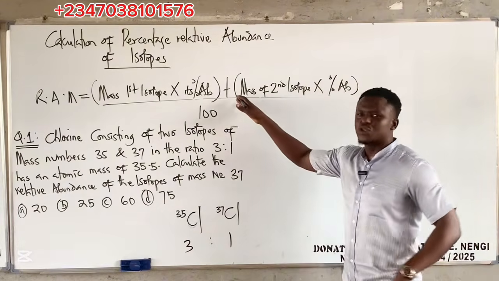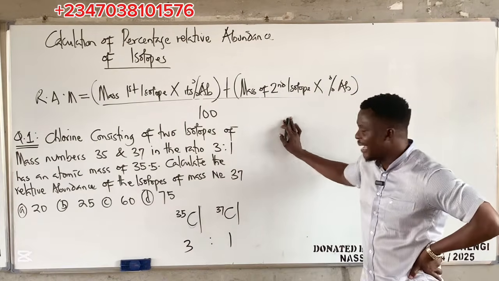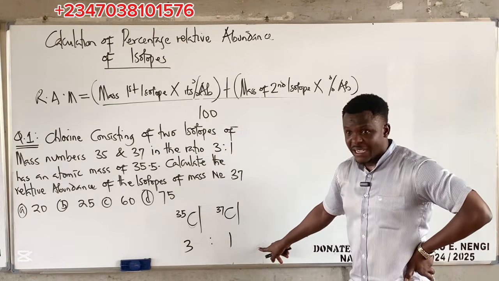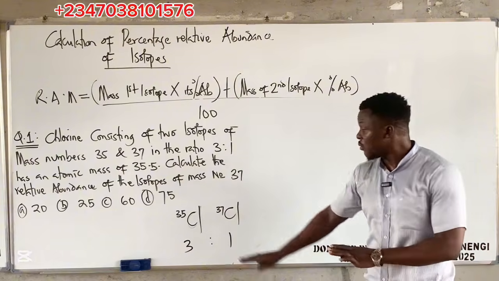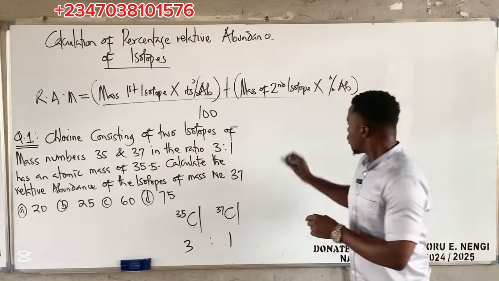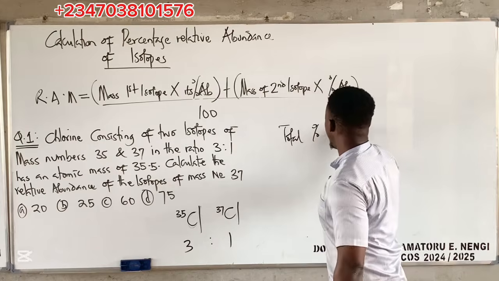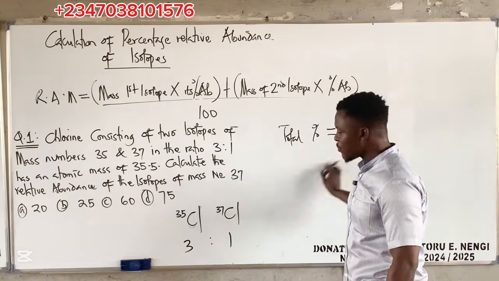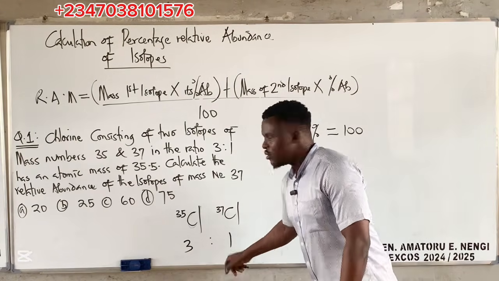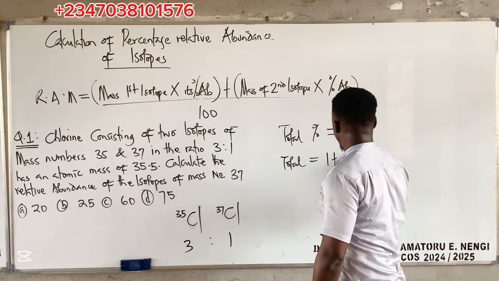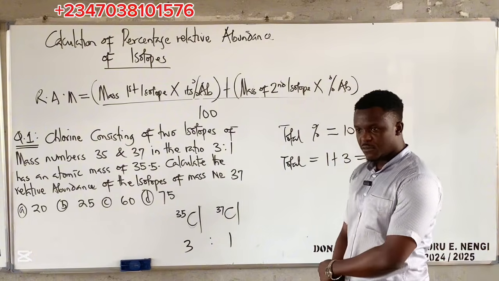You don't really have to go through this long process. Remember what I told us earlier, that anytime they give you something like this, you can convert it to percentage, right? That's just what they're asking you to do. Just convert this to percentage. Total percentage is always equal to what? 100. But this ratio, you say total ratio equals 1 plus what? 3 equals what? 4.